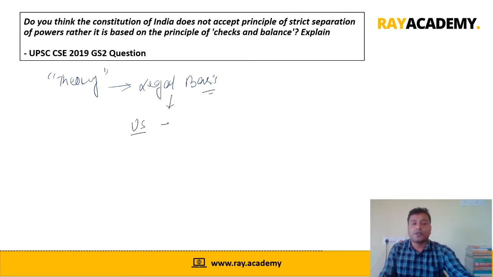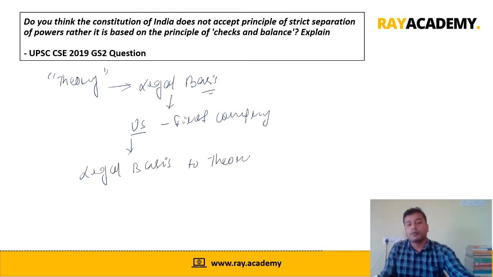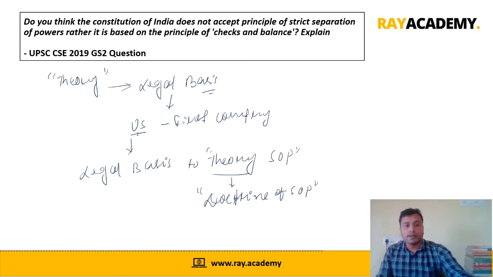The US is the first country to give legal basis to the theory of separation of power, and hence it became the doctrine of separation of power. Am I clear? So the US is the first country that gave legal basis to the theory of separation of power and hence it became the doctrine of separation of power.